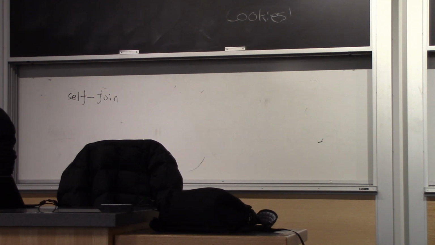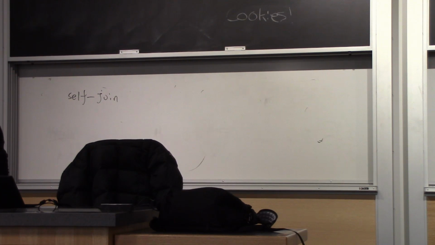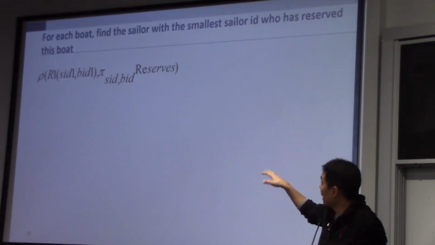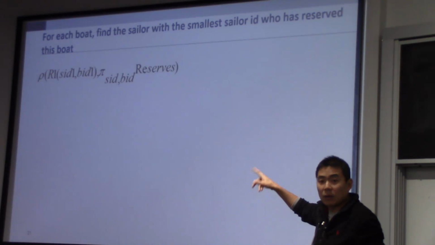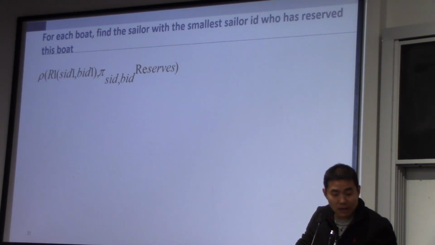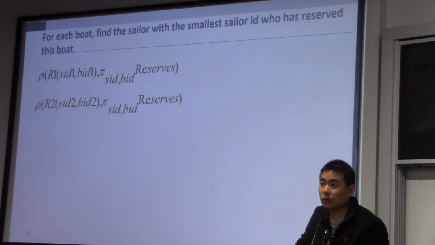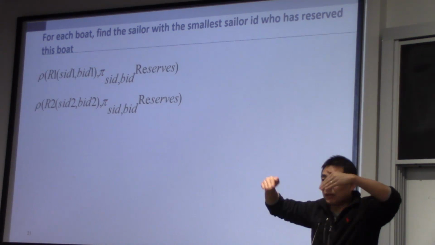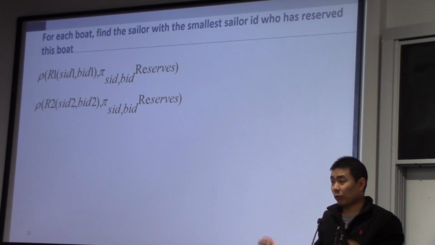So how do we do this? Well, first of all, I take the reserve table. I don't care about the date of the reservation, so I project away the dates. I project out sailor ID and boat ID. I rename this as R1, SID1, and BID1. Then I do the same, but now I rename this R2. So I've got two copies of the same instance. I rename them differently.